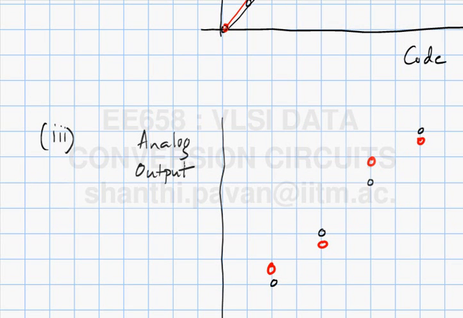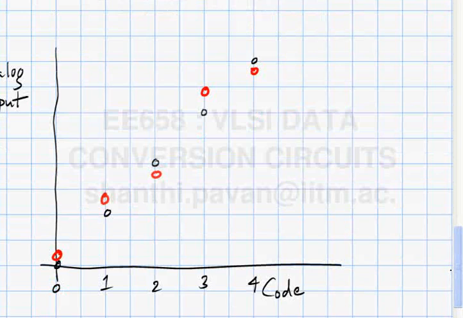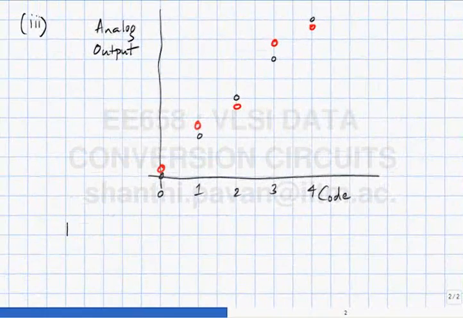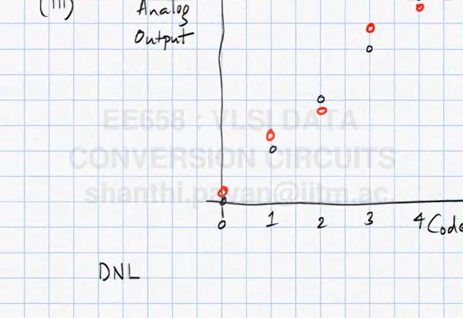In other words, the red guys don't straddle, and when you join all of them together, they don't lie on a straight line. Analogous to what you did with respect to an A to D converter, if you knew the LSB size, as I've done in this example, then you can define the differential nonlinearity as a function of code.